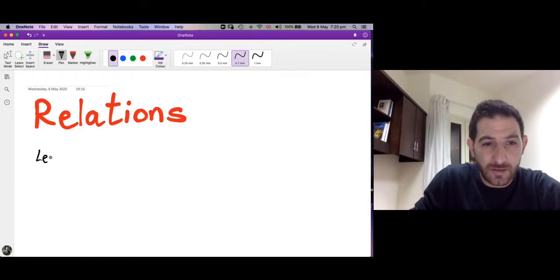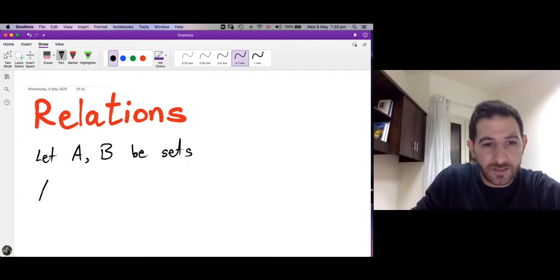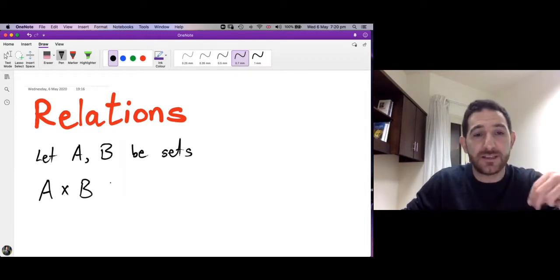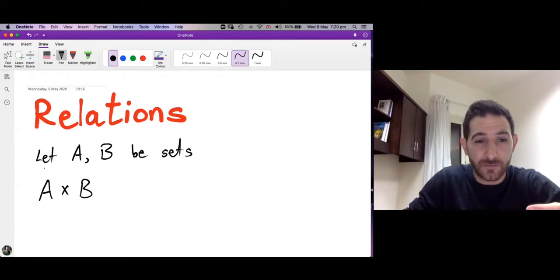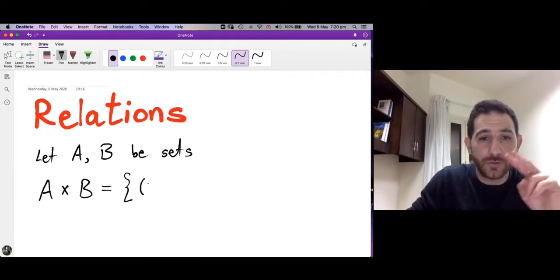So remember, if we have two sets, so let A and B be sets. Remember, how did we define the Cartesian product A cross B? So A cross B is the set of all pairs whose first element is from the set A and second element is from the set B. So how do we write this? This is the set of all pairs or two tuples.